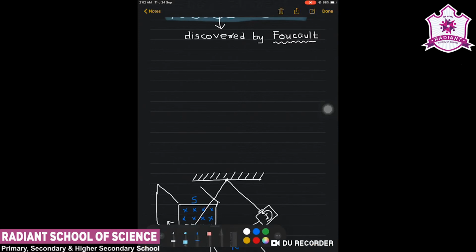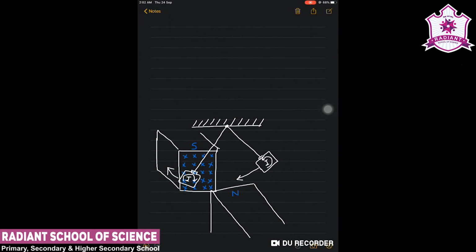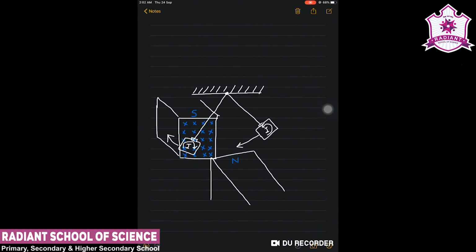Now in that region, if that magnetic field is strong enough that it produces a uniform magnetic field from north to south as shown in the figure, if we suspend a copper plate and allow it to swing like a simple pendulum between the pole pieces of this strong magnet, it is found that the motion is damped and in a little while the plate comes to a halt in the magnetic field.